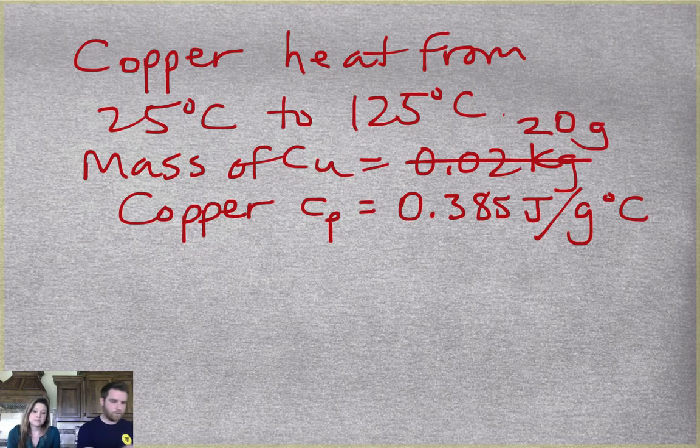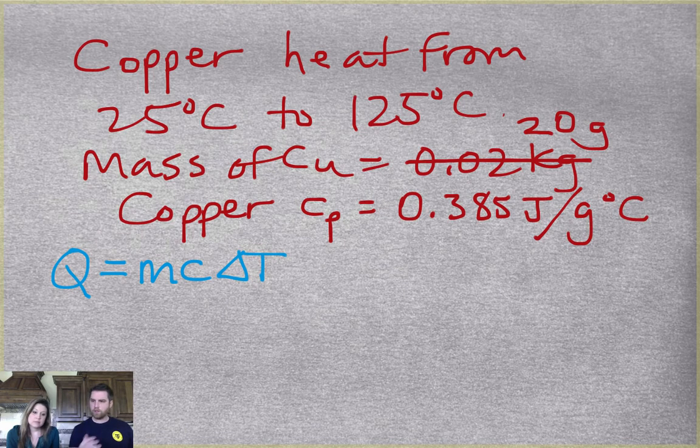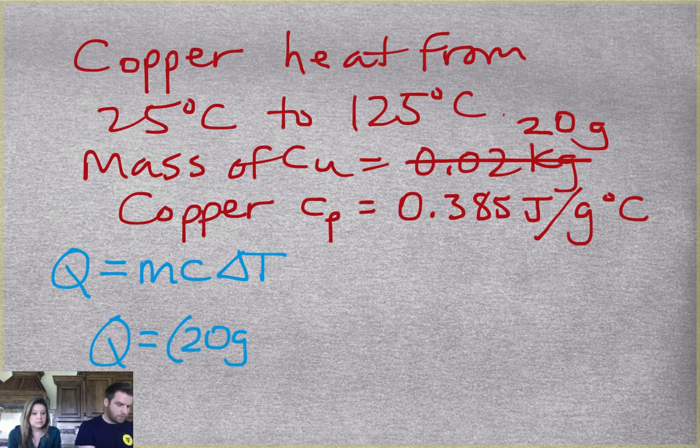All right, so my equation I'm going to use now, remember, is Q equals MC delta T. We want to know how much heat that took, right? So Q is going to be equal to the mass, which is 20 grams, times the specific heat right here. And remember, you could find that on a chart. It will be given to you in a problem, or you'll be asked to calculate it if given everything else.